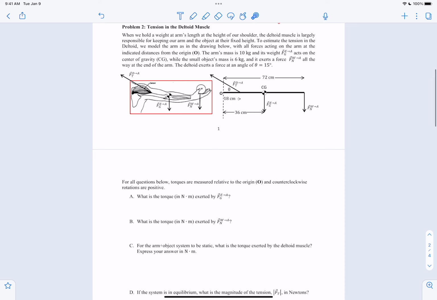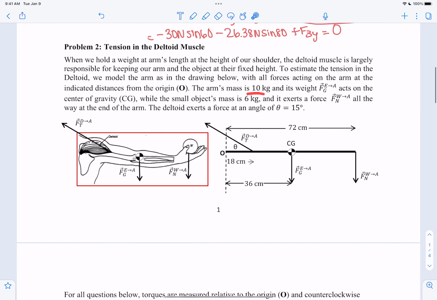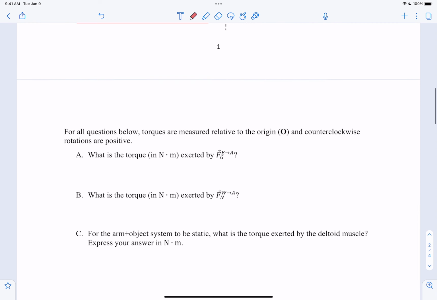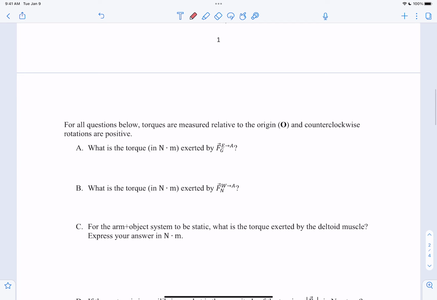Now, we really don't have a lot of information here with forces. We do have indications of how we might get forces, with different masses, an indication of weight, right? But let's find out. It says for all questions below, torques are measured relative to the origin, and counterclockwise rotations are positive.